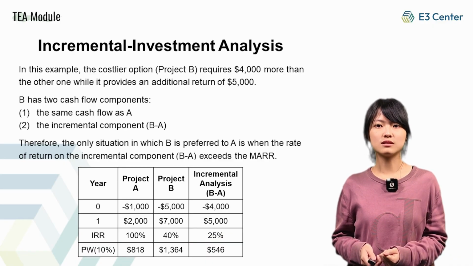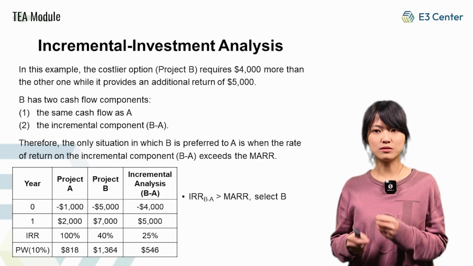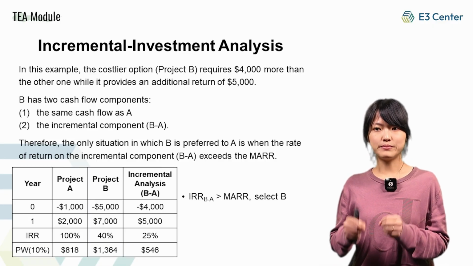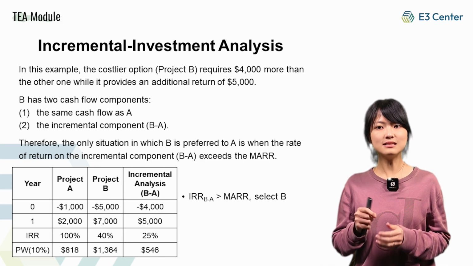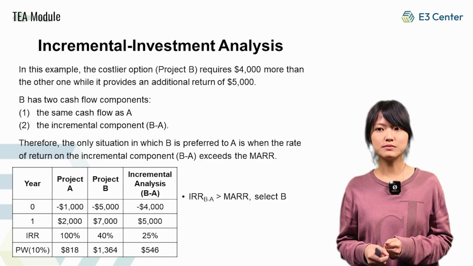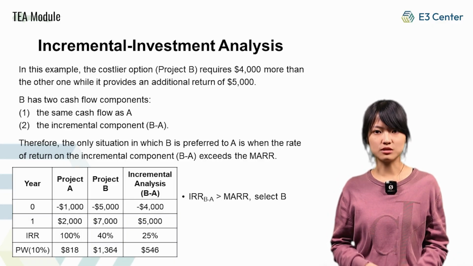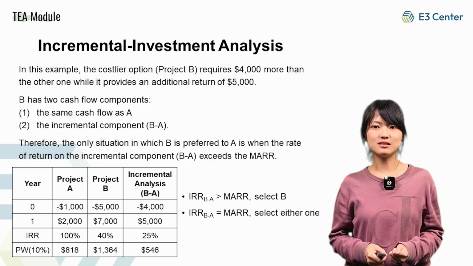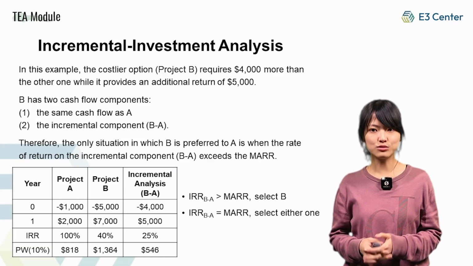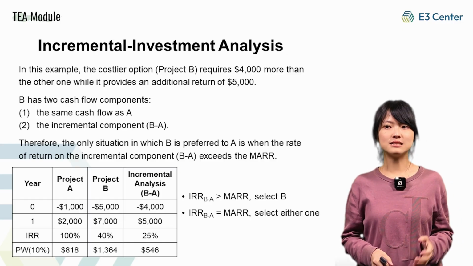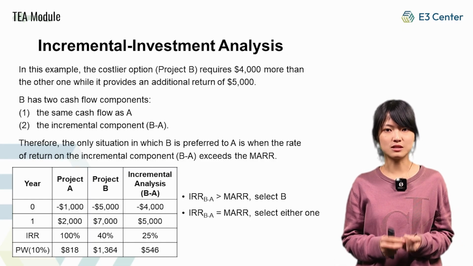Here's a decision rule, similar to the previous one we just learned. If the IRR of the incremental investment B minus A is greater than the MARR, it indicates that the additional investment does indeed pay off, and we should select Project B. If IRR equals MARR, the incremental investment just breaks even with our required rate of return, making either project equally acceptable based on financial return alone.